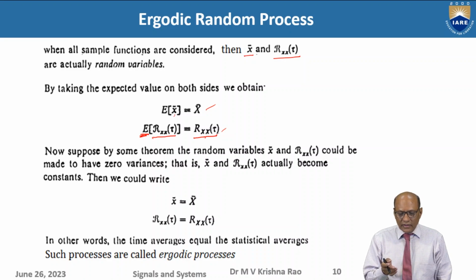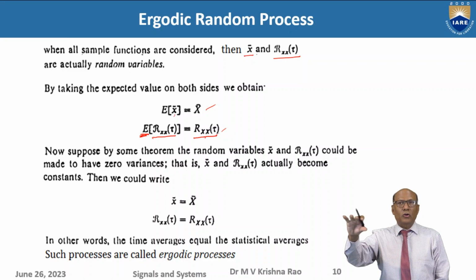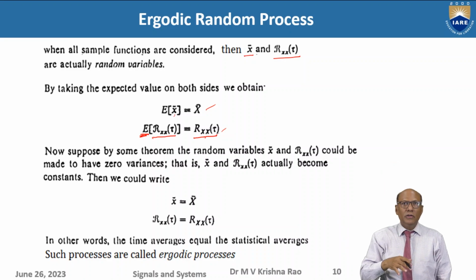So there is first order ergodic and second order ergodic. First order means only the time mean is equal to the ensemble mean; then it is a first order ergodic process. Second order ergodic process means the time autocorrelation function is equal to the ensemble autocorrelation function. So in that case, I have this constant, and this is also a constant function.